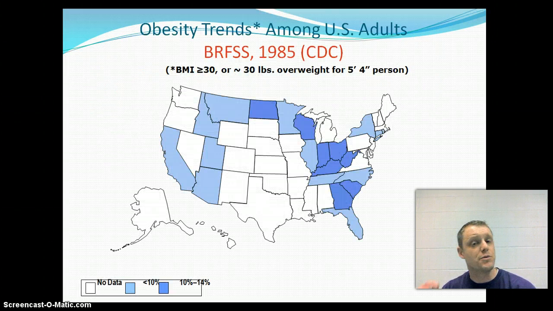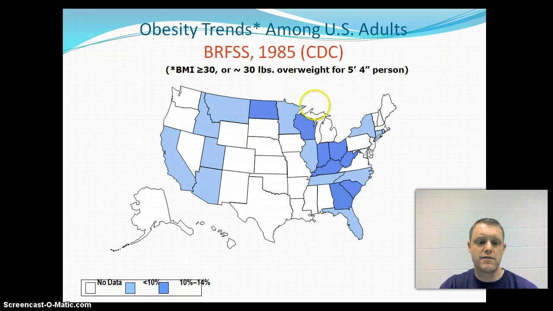I want to talk a little bit about some obesity trends. If you take a look at 1985, 10 to 14% of the nation was obese. Obese means a BMI of greater than 30, or about 30 pounds overweight for a person who is 5'4". That's quite a bit.